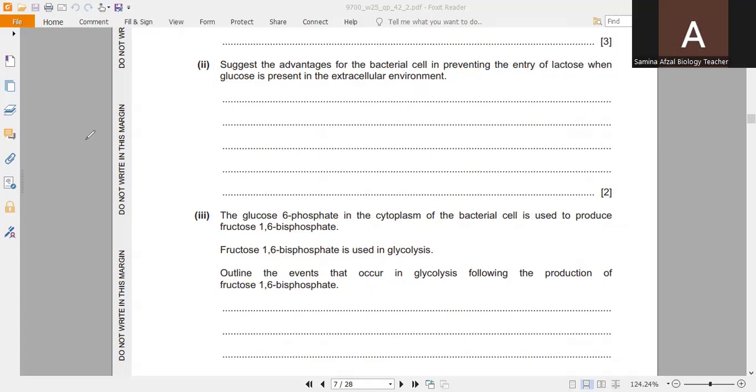So I would like to write that glucose is a monosaccharide and a respiratory substrate, so it can enter glycolysis directly. When glucose is metabolized, fewer enzymes and less energy are needed than to break down lactose.